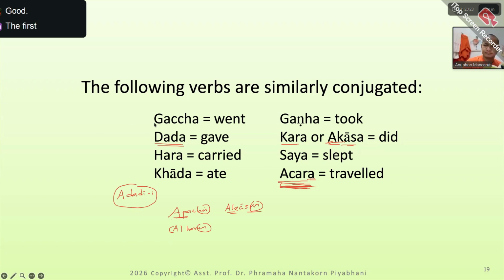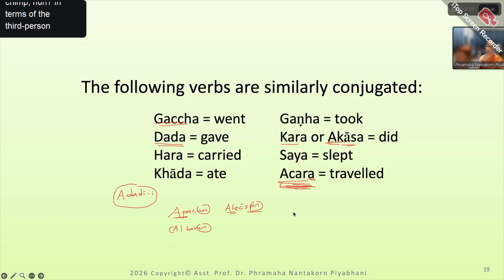Good. The first one, akachi, akachi. You see? This one. Akachi, akachi, akachum, akachimsu. Akacho, second person. Akachita. First person: akachim, akachimha.